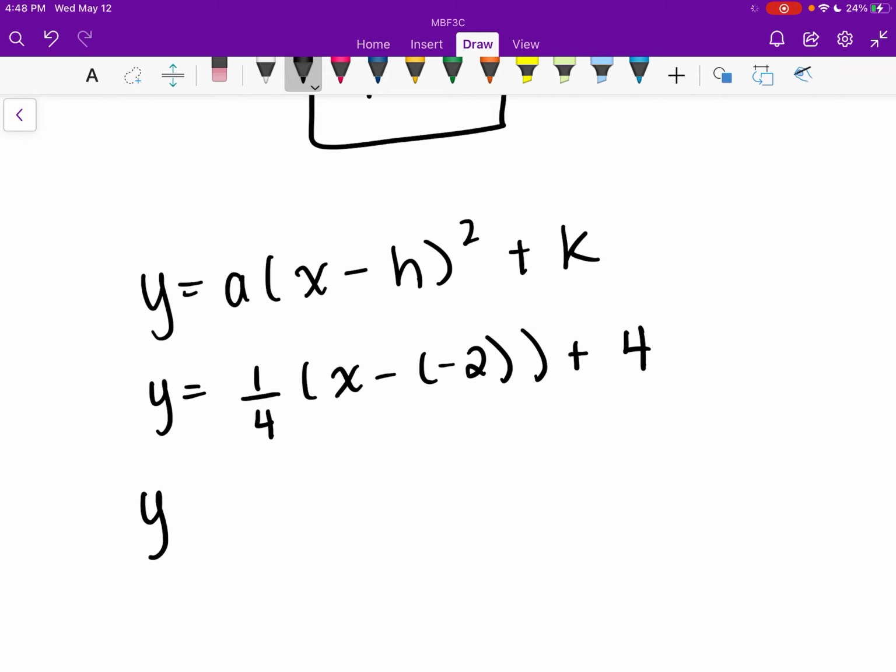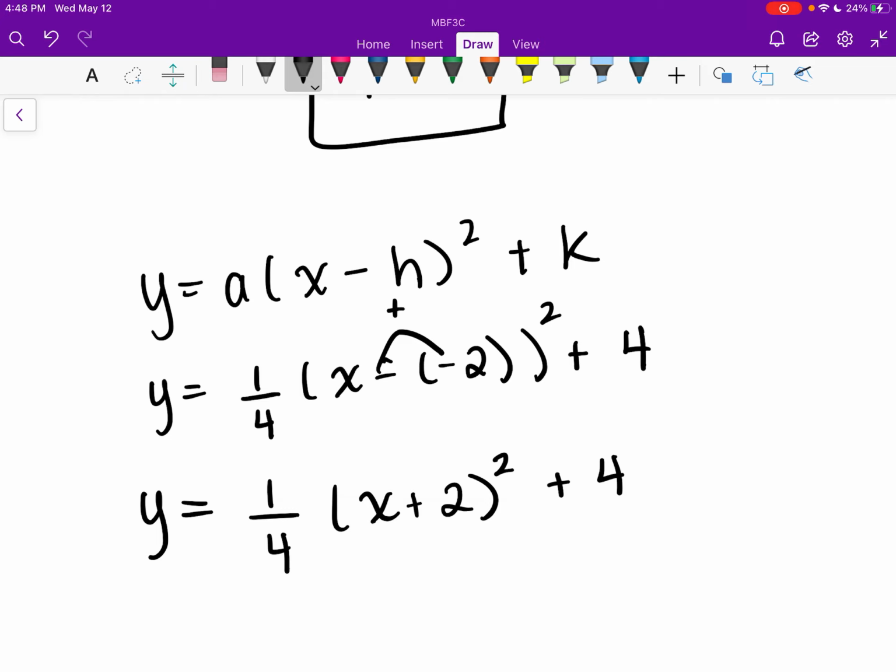So then we have y equals 1 over 4. We're going to take this and turn it into a positive, so it's going to become (x plus 2) squared plus 4, and that is my final answer.